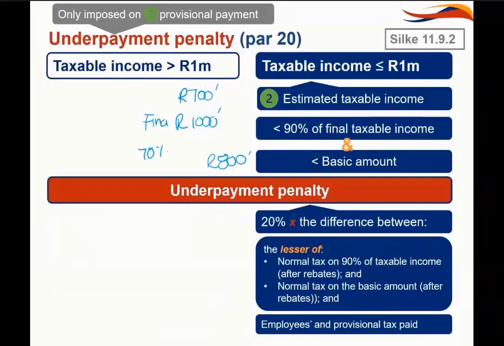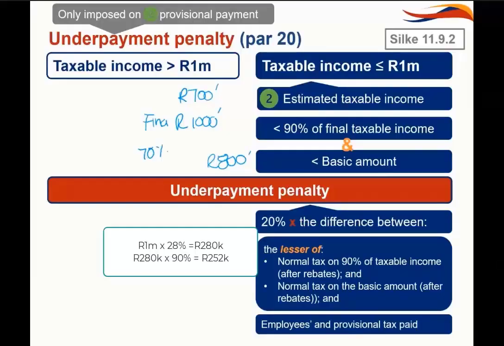Now we're going to have a look at 20% of the difference between, and now we have the lesser of, to throw it in. So first we need to decide the lesser of. Then we can deduct what we've already paid. So normal tax on 90% of taxable income after rebates. Okay, we're going to just assume it's a company to make it simple. So we've got our taxable income of 1 million, right?